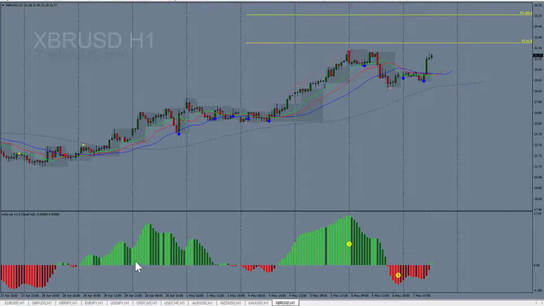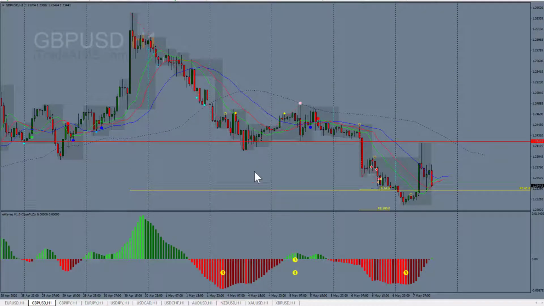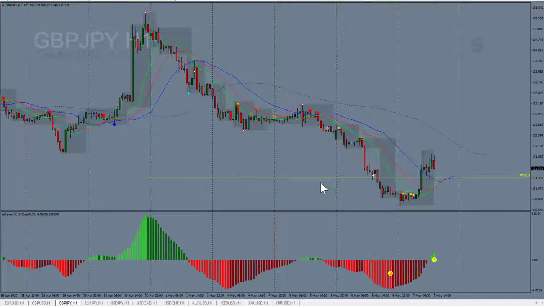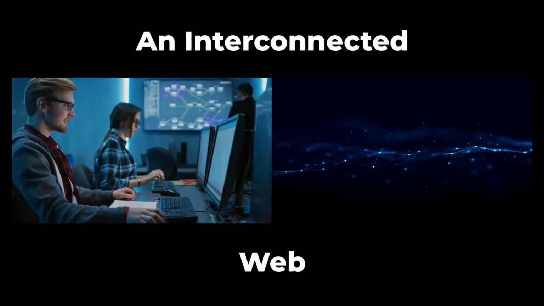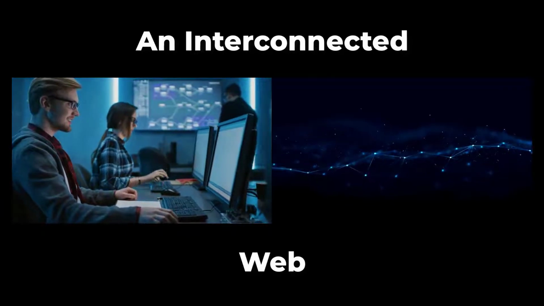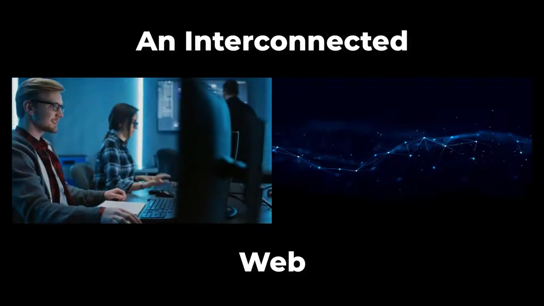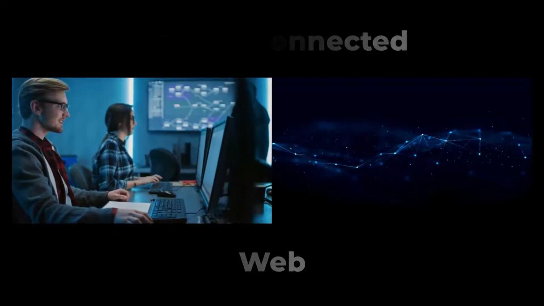So what was the story of the wave within wave within wave? Now, this is the story. We looked at the pound yen, right? It was moving. Now, here I'd like to share a concept. The Forex market is like an interconnected web. When something moves, the rest of the market kind of moves too, but it's rarely that all the market moves at the same time.